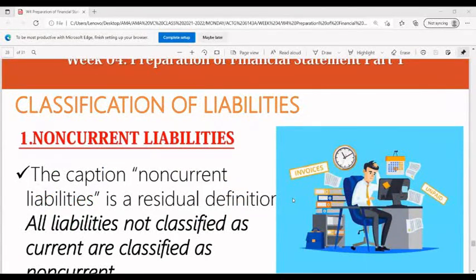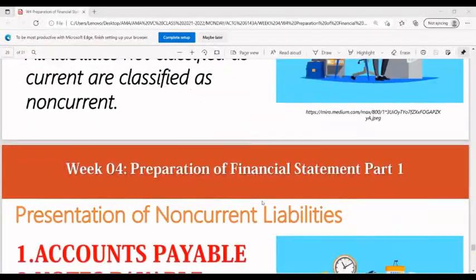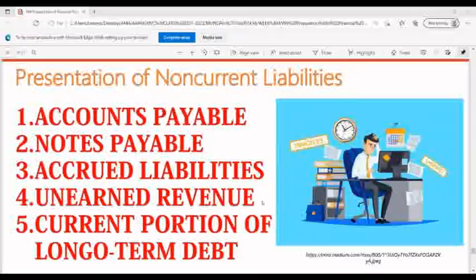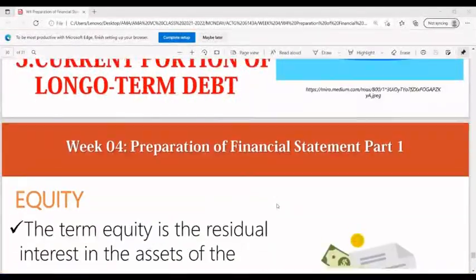Also, classification of liabilities under non-current liabilities. The caption of non-current liabilities is a residual definition: all liabilities not classified as current are classified as non-current. Presentation of non-current liabilities includes accounts payable, notes payable, accrued liabilities, and long-term debt.